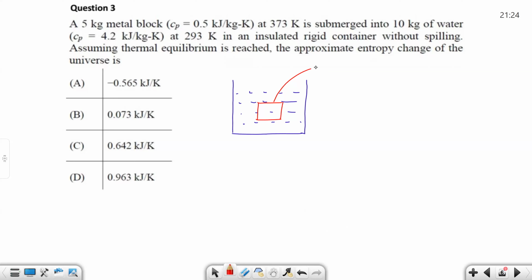This metal block has Cp, the Cp of the metal block. Since it is asked in kilojoule per Kelvin, we can take it in kilojoule per kilogram Kelvin.